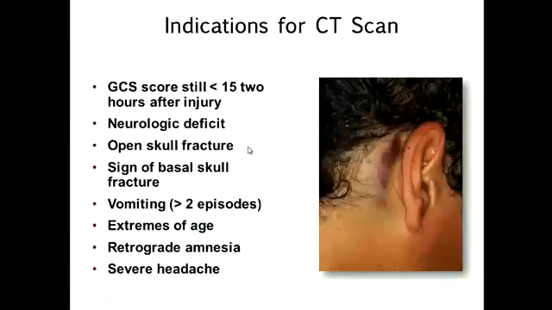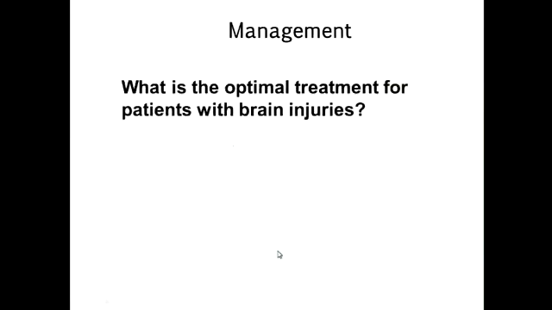Certainly patients who have open skull fractures, signs of basilar skull fractures, or persistent neurologic deficits should undergo a CT scan of the head. Patients at extremes of age and patients who have vomited more than once should also obtain CT scans. Patients who have severe headache or retrograde amnesia should also be CT'd.